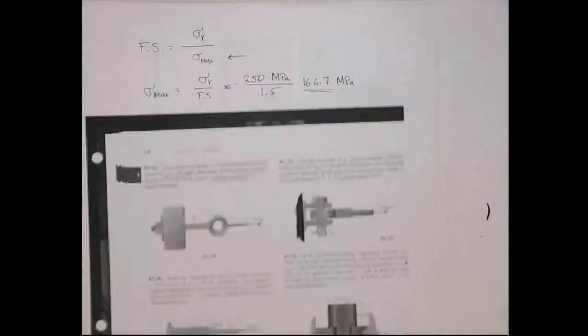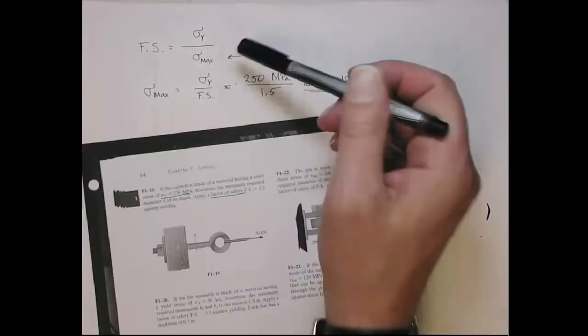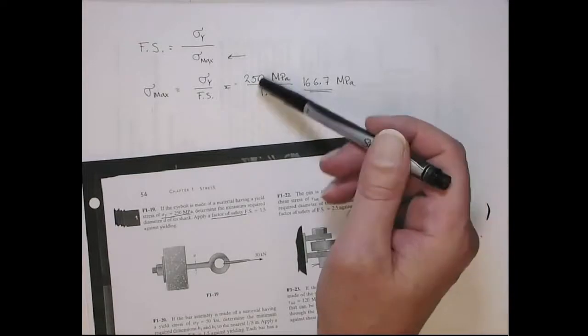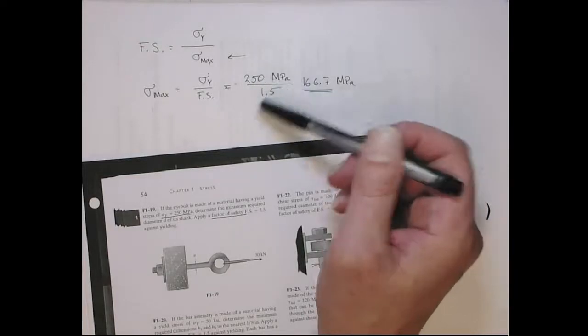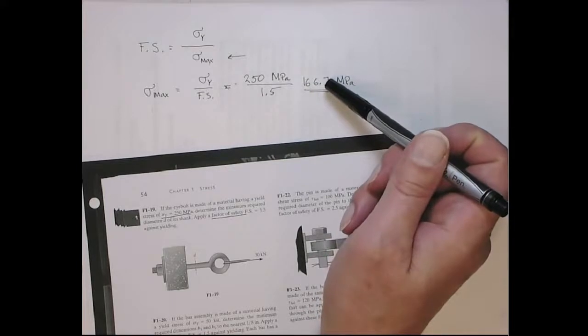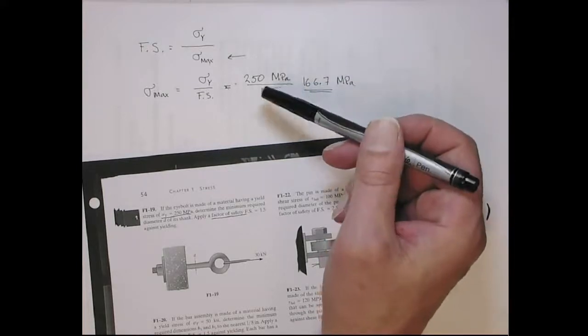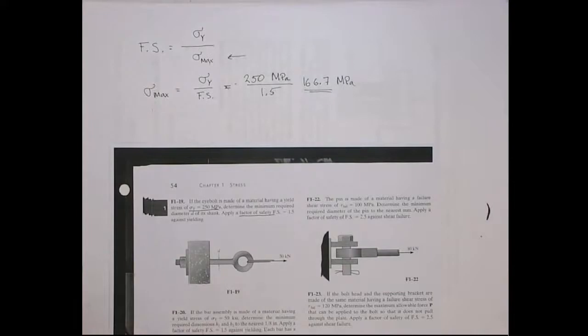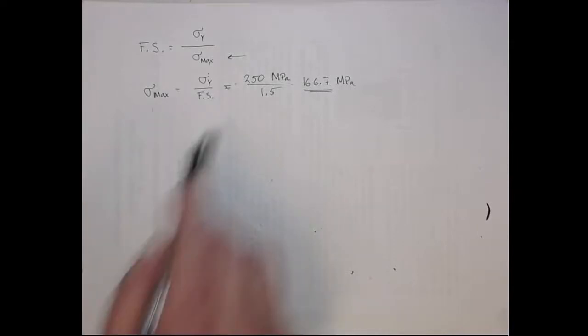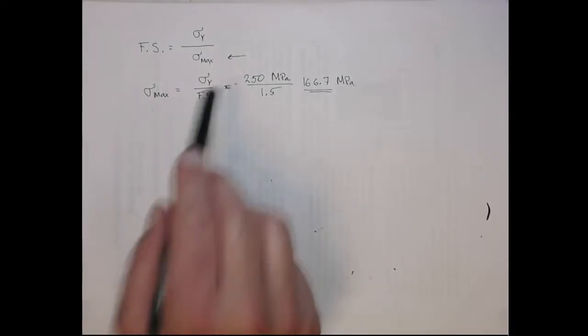And you don't have to worry. I don't memorize this equation, but obviously the factor of safety is such that it should drop the stress. If you screw it up, you'll find out that your design stress is greater than your yield, and obviously that's not correct. You multiplied when you should have divided. Again, it's this concept you should understand.